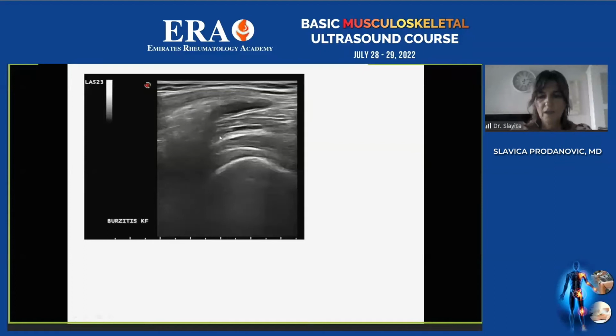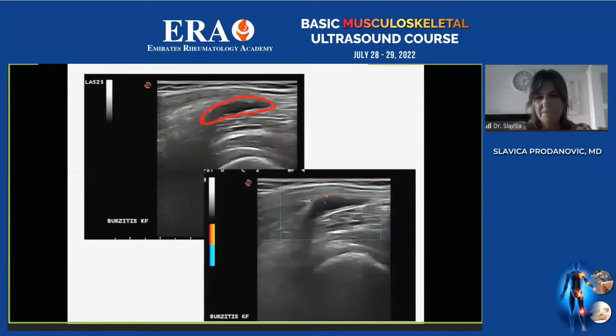Anechoic structure with the fluid, and sometimes you may obtain power Doppler at the level of this bursa. In this case, the power Doppler is weak, but is still present. That reflected bursitis and tendinitis as well.